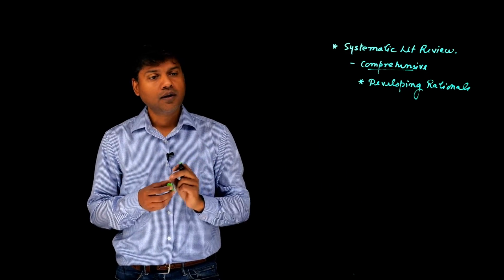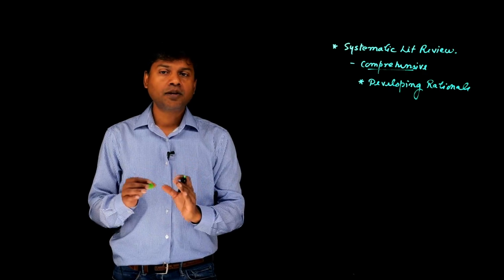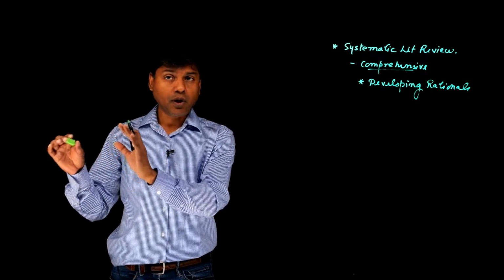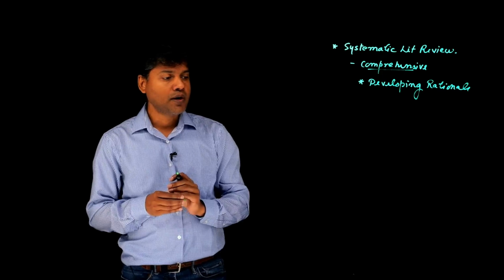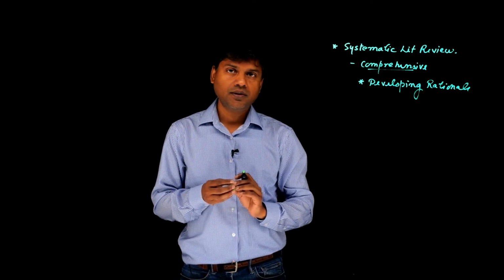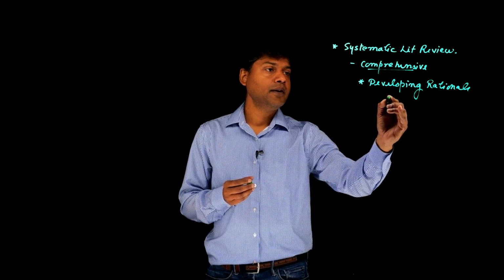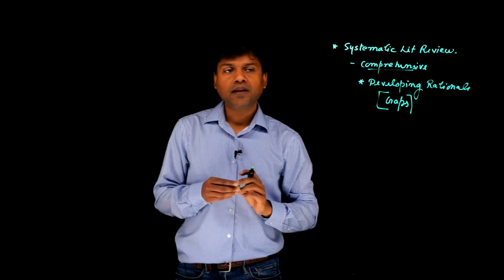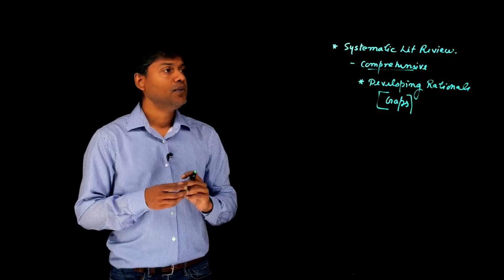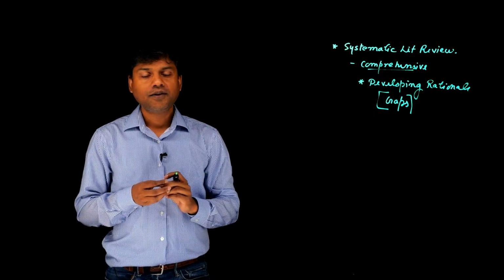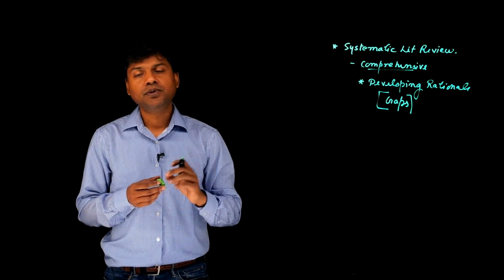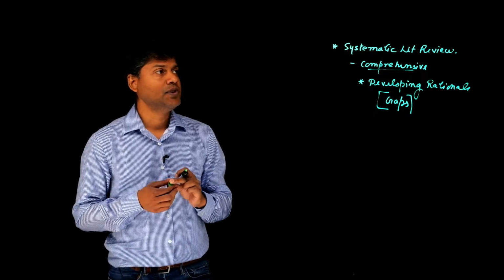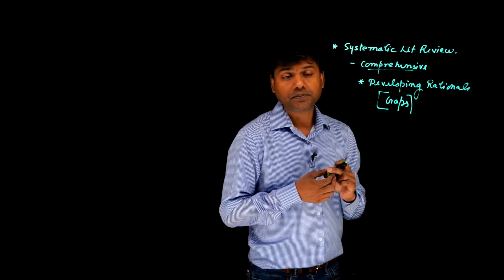So when you do a lit review, it helps you understand what are the things which have already been explored related to this topic, and what are some unanswered questions. So you try to find gaps in the knowledge in literature, and then you set the rationale for the study. So that is the purpose of doing a comprehensive literature review in research.